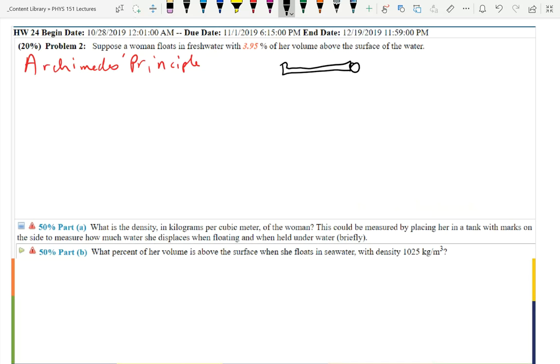There's the person. They're floating in water. What forces are acting on this person? Okay, we have the water pressure. We have the force buoyant. Force buoyant is equal to the density of the fluid times the volume displaced times G.